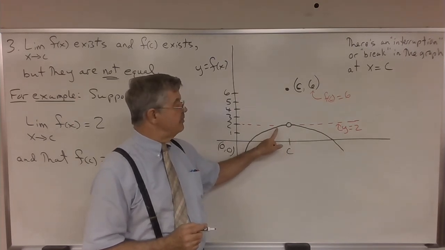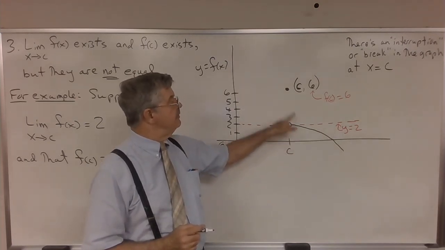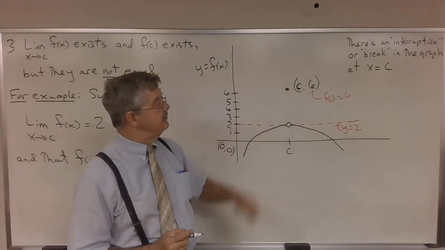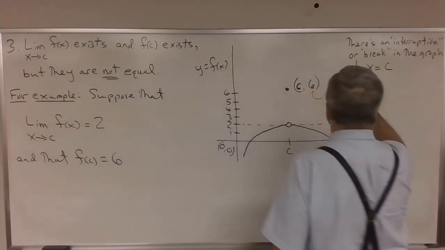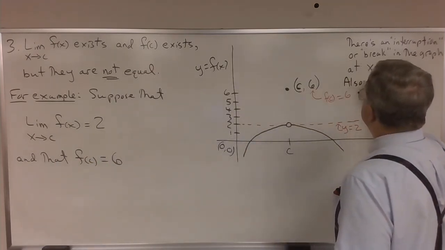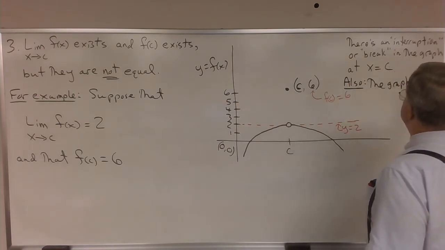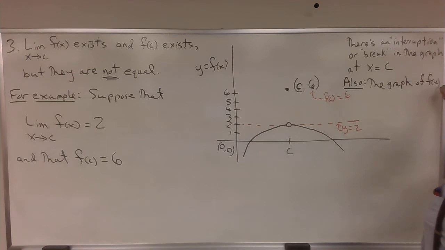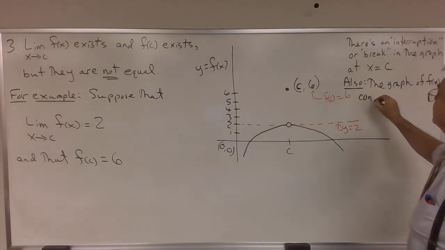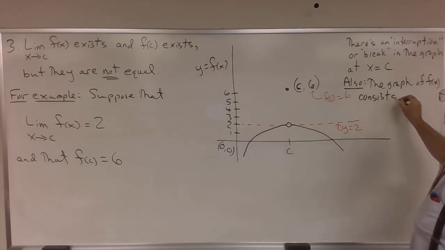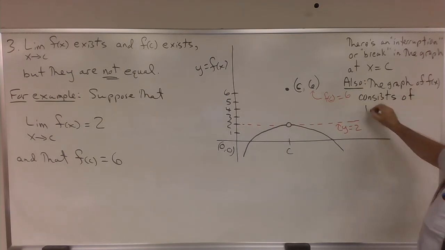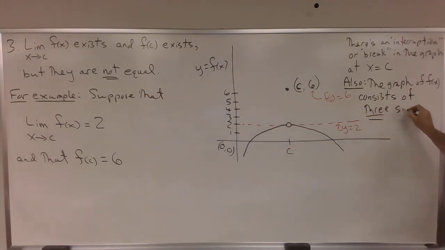This is one separate piece, this is two separate pieces, this is three separate pieces. So the graph of f of x consists of three separate pieces.